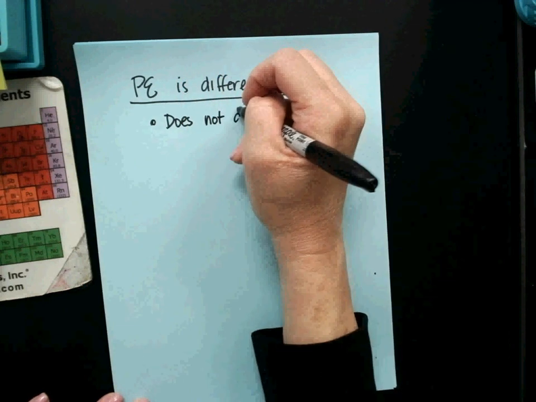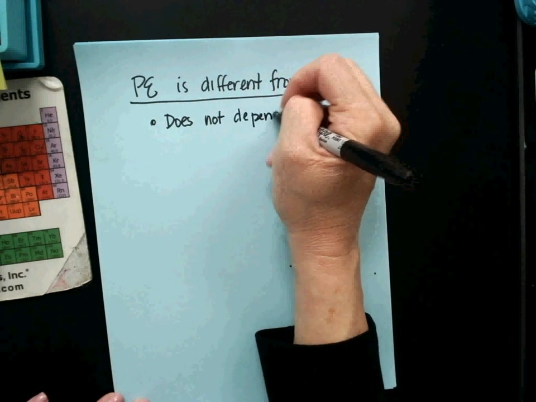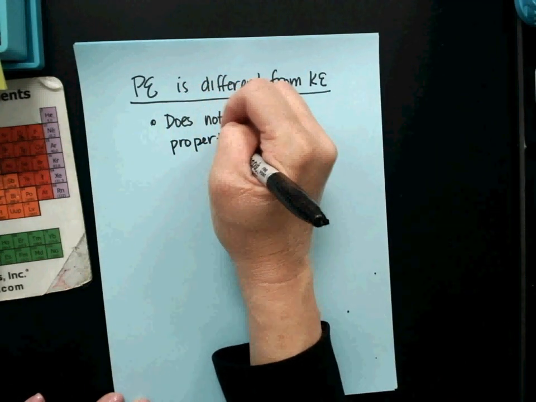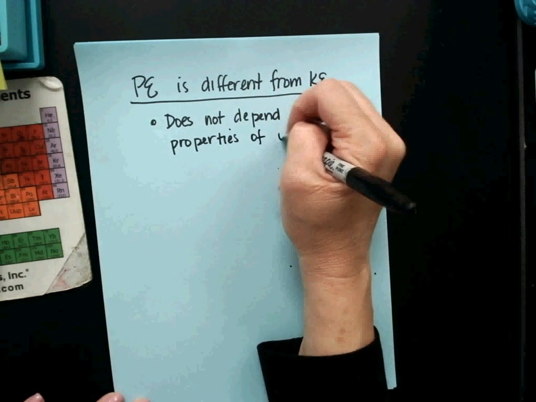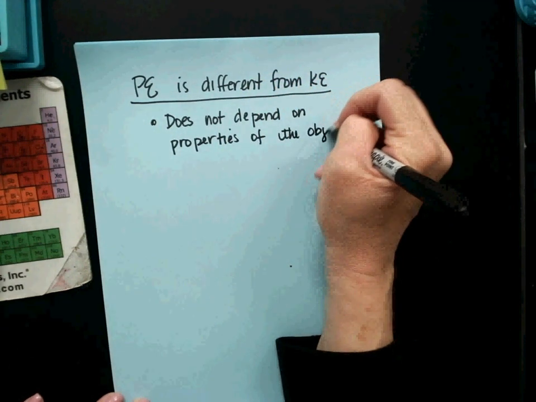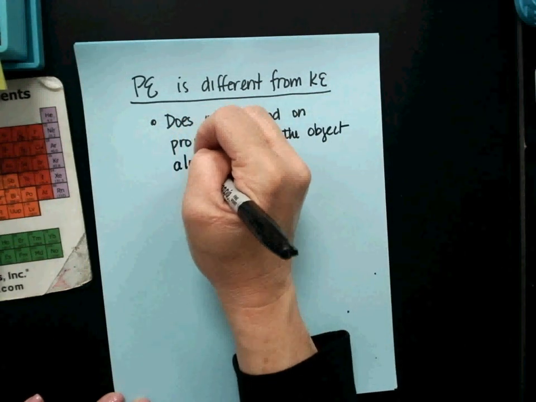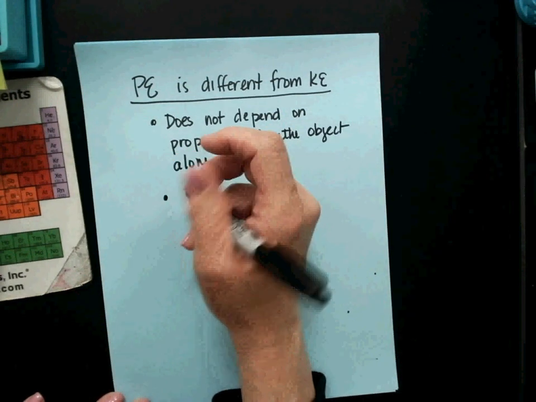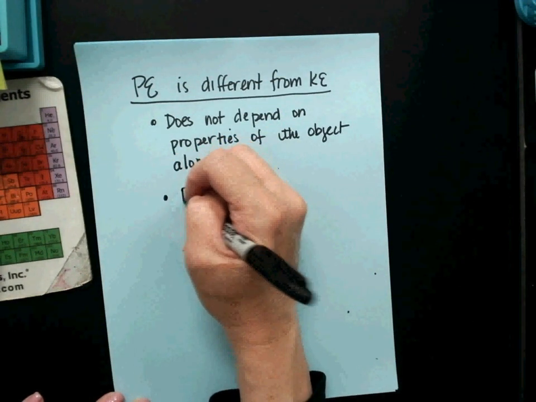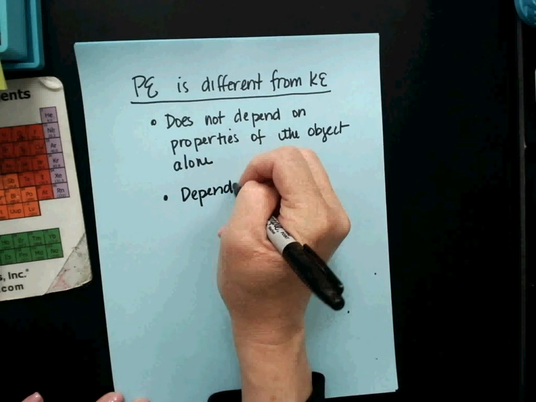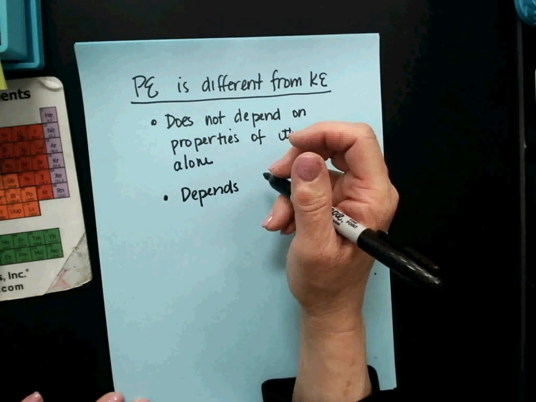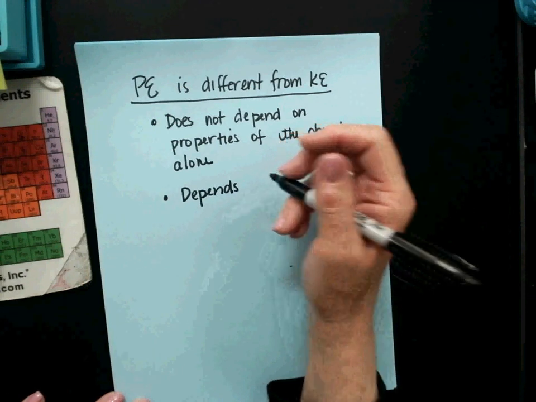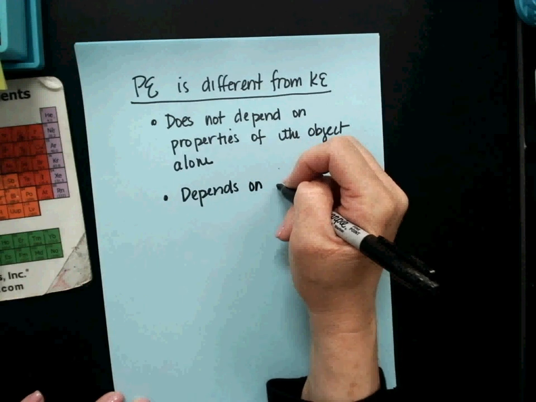PE does not depend on properties of the object alone. It does depend on perhaps the mass or some individual property, but not just the object's properties.